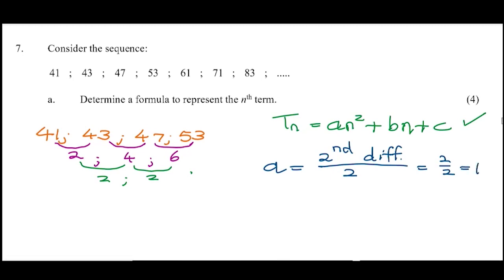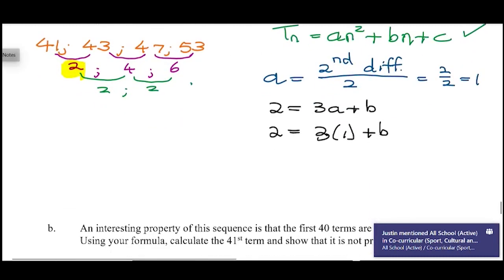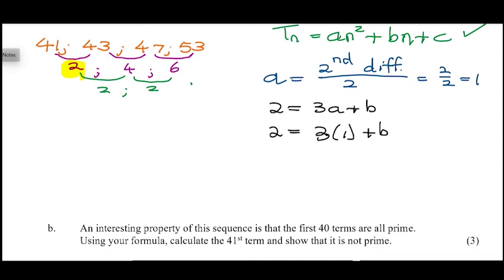The next thing is that the first term of our first differences is equal to 3a plus b. But I already know that a is 1. So that's going to be 3 times 1 plus b, so in fact b will be minus 1.